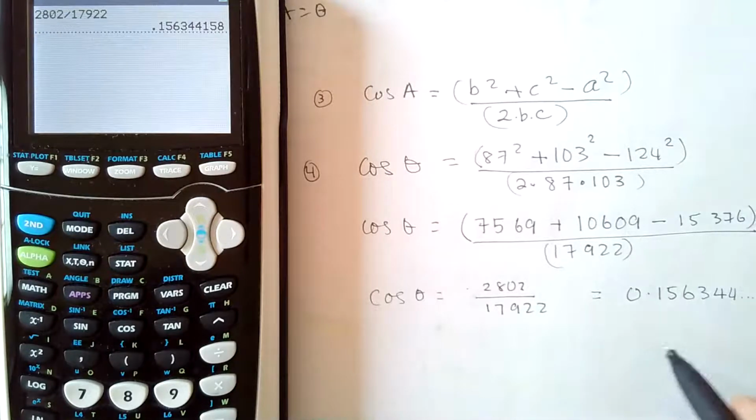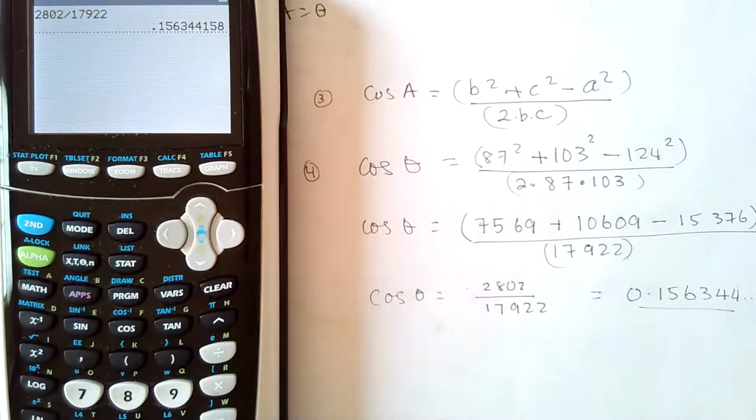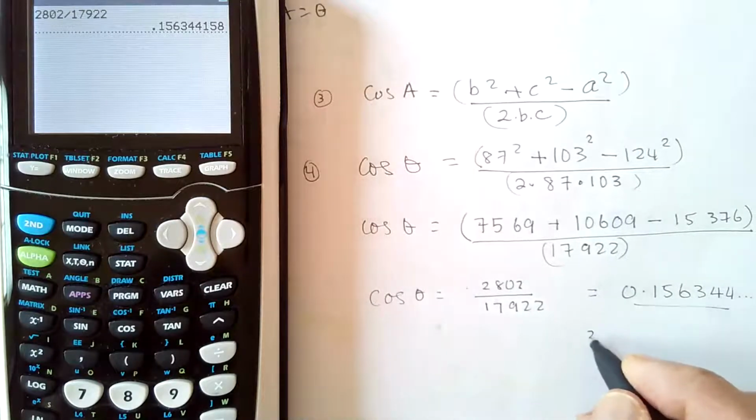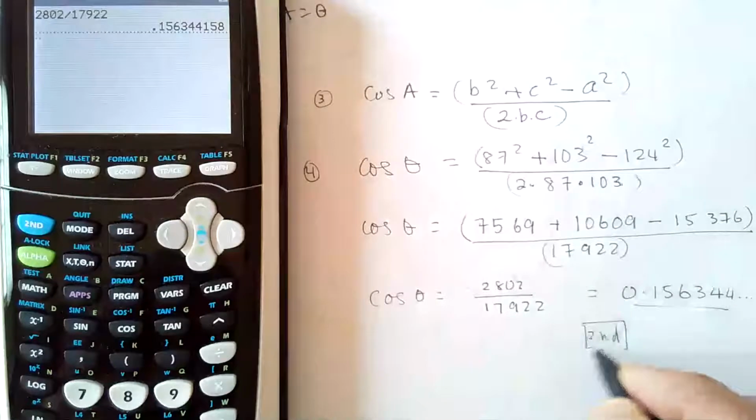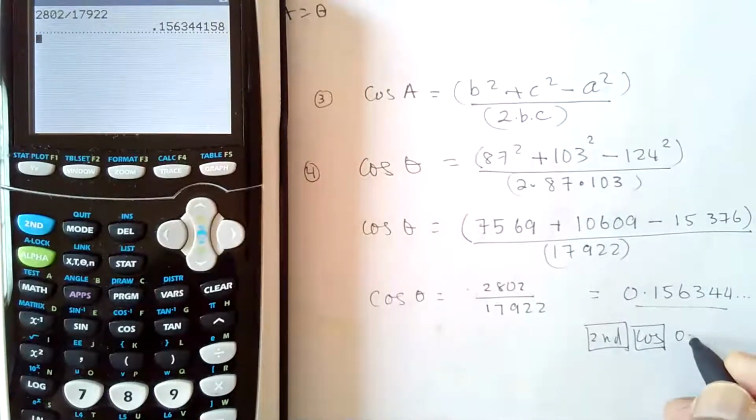Now, if you don't have a regular scientific calculator like the one I have, you'll have to change your fraction to a decimal, and then use your second or inverse cos button. So here, for example, I'm going to do second cos, and I'll enter this value.